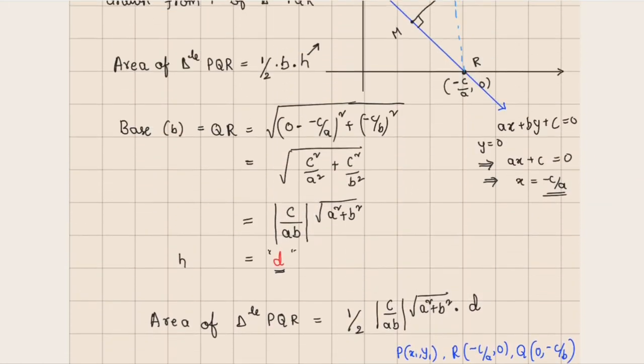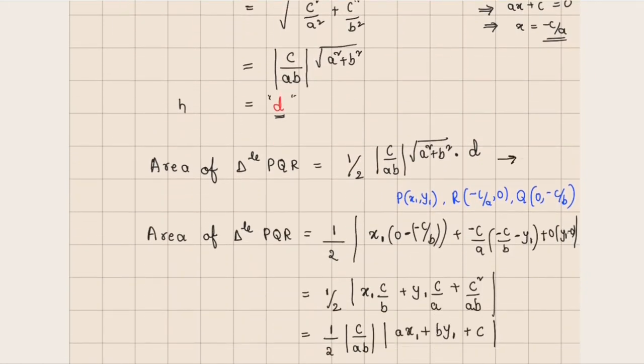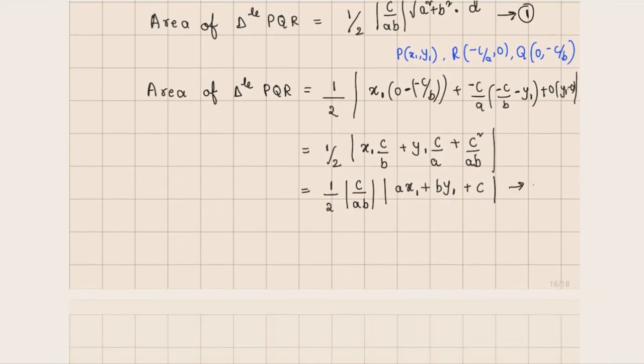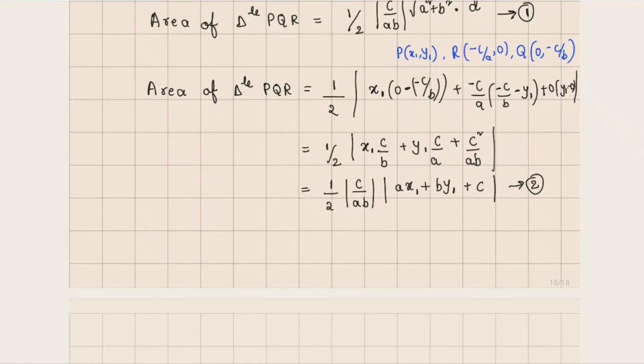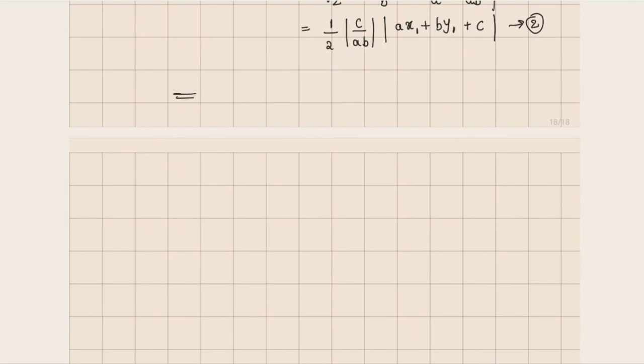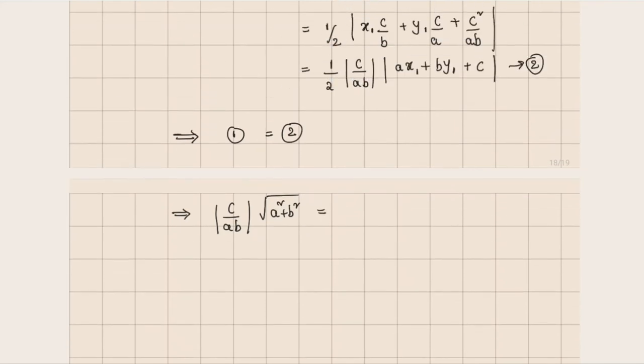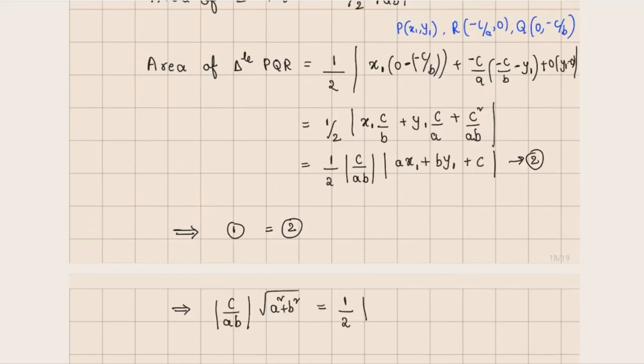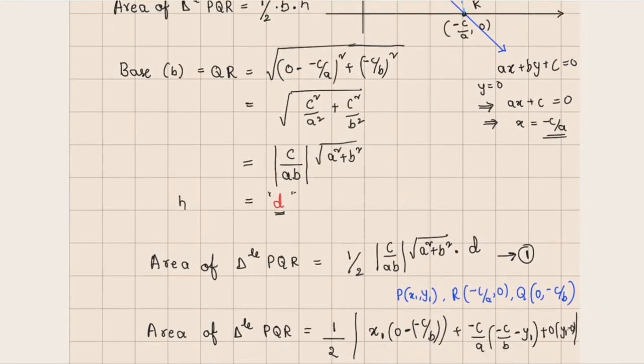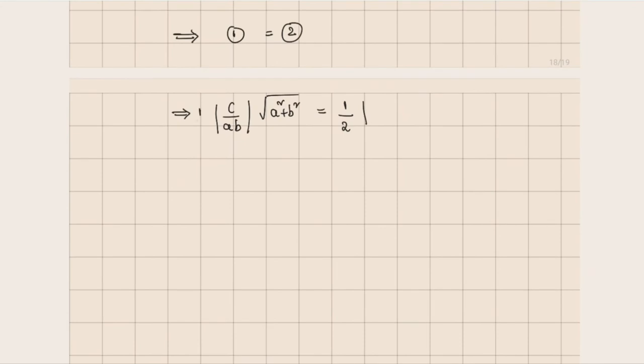Now, we need to compare the areas which we got here. This is 1 and this is 2. We need to equate these two. That implies 1 equals 2, which is modulus of c by ab into root over a square plus b square equals half into, sorry, there is a half on this side also.